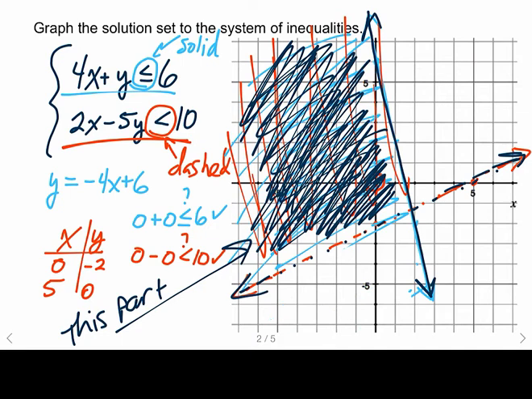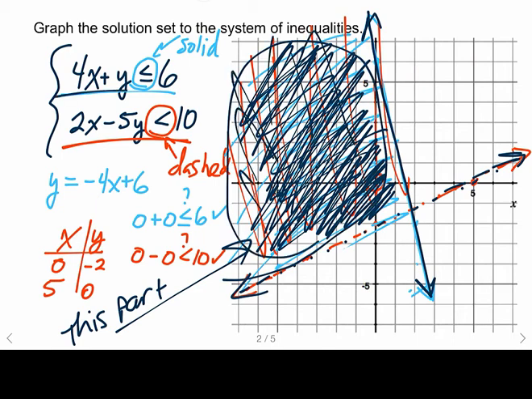But ultimately what we have is a bunch of ordered pairs that extends infinitely far that make true statements when we put them into both of the original inequalities. So this is what is meant when I say graph the lines, solid or dashed, use test points, and then shade accordingly.